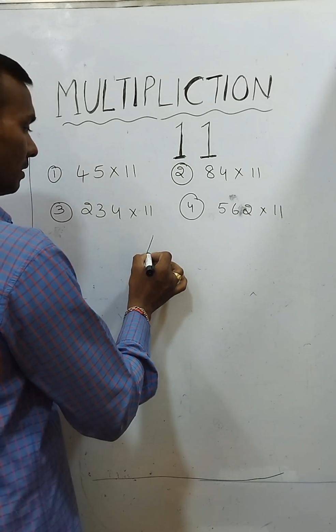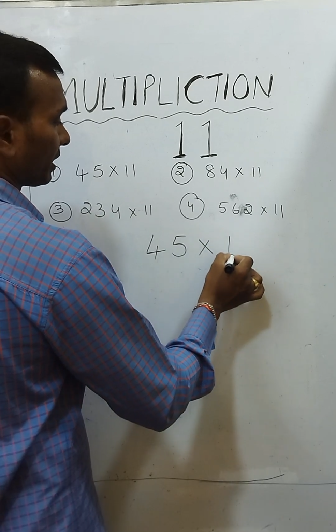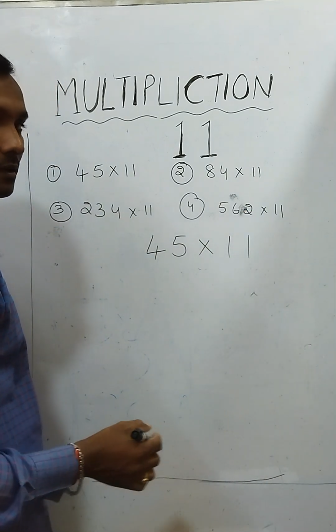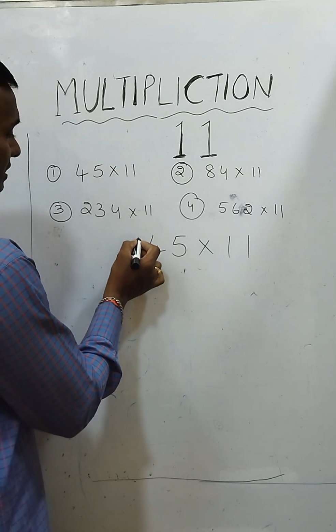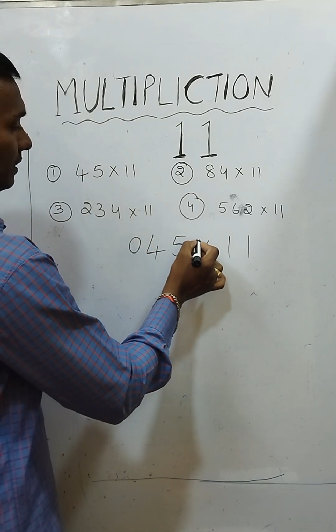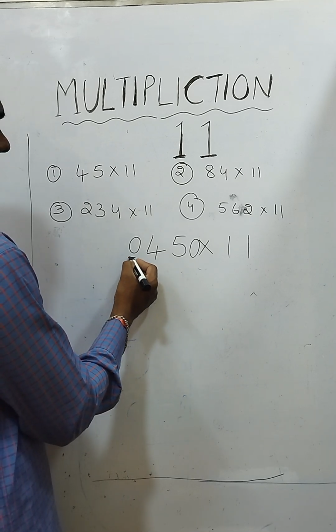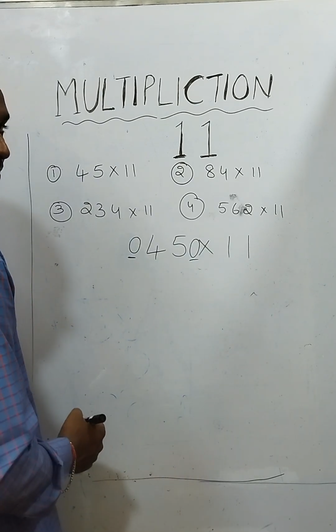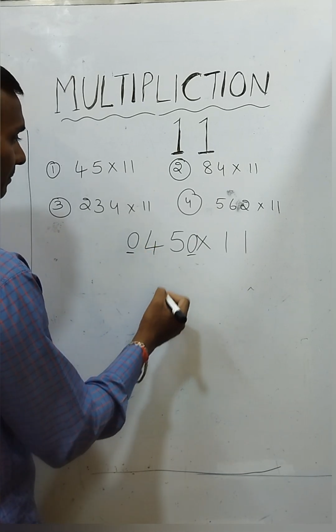For example, 45 into 11 we have to do. First, keep 1 0 here and here 1 0. So in the starting and in the ending we put 1 0. We add two digits every time.